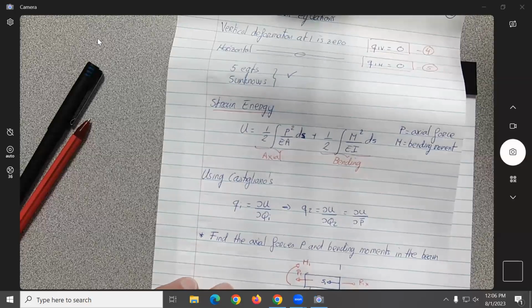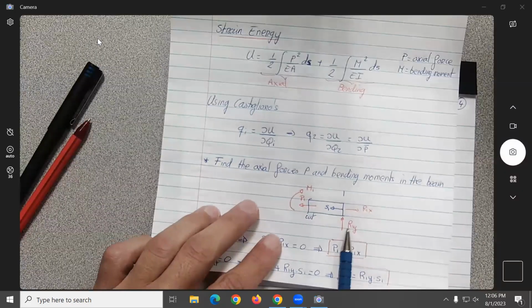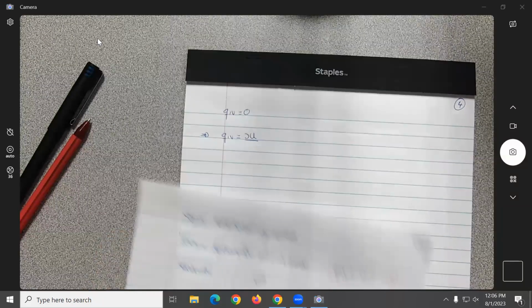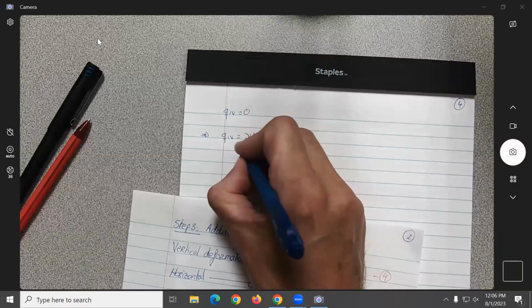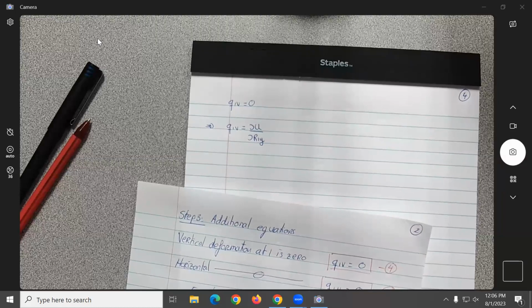What is the vertical force acting at point 1? The R1Y, no? Yes? So here we will take the derivative with respect to R1Y, because it's the force in the vertical direction.